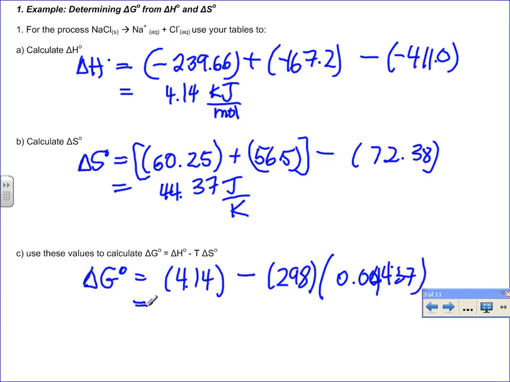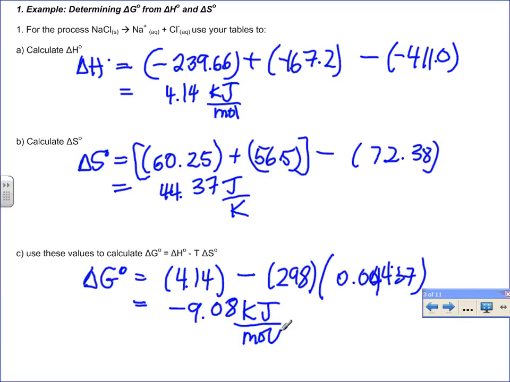I divided it by 1,000 because I was changing the units from joules to kilojoules. You have a choice of either changing your delta H or your entropy, but what you'll find is that Gibbs free energy tends to be in kilojoules, so that's why I chose to change my entropy over my enthalpy.